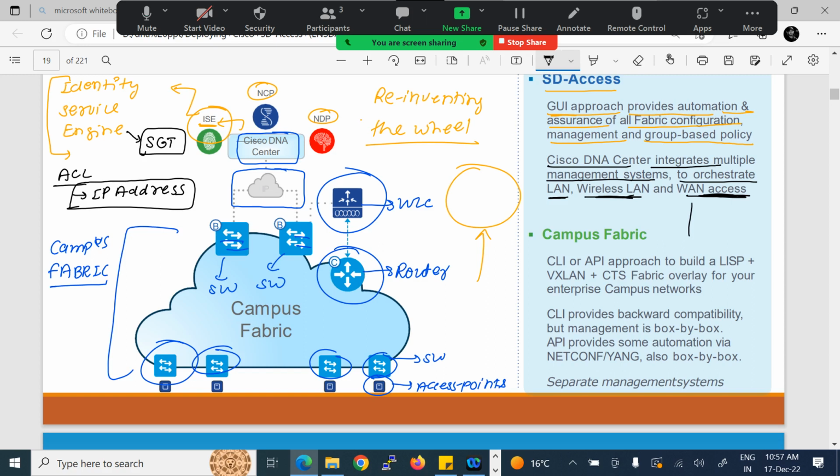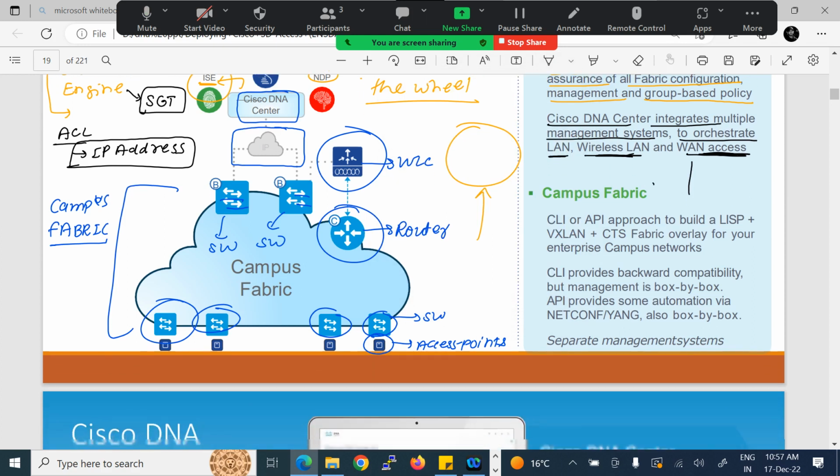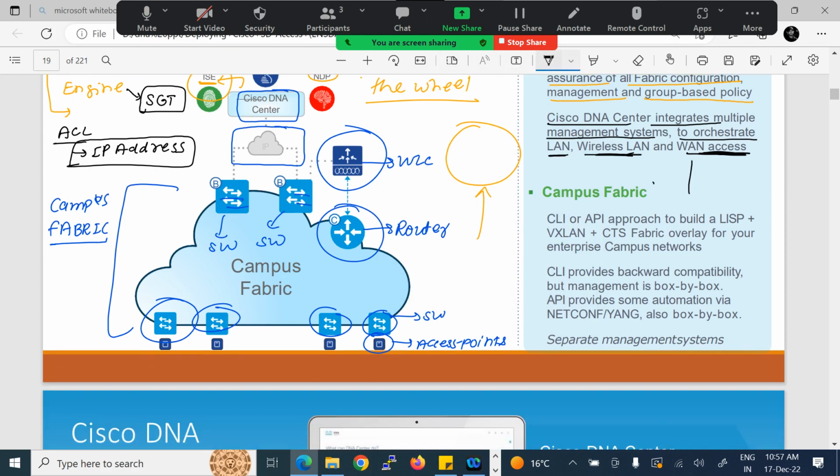Access of the wireless network, the traffic which is going to the wide area network, can be configured. Then campus fabric: a CLI or API approach to build a LISP plus VXLAN plus CTS fabric overlay for your enterprise campus network.